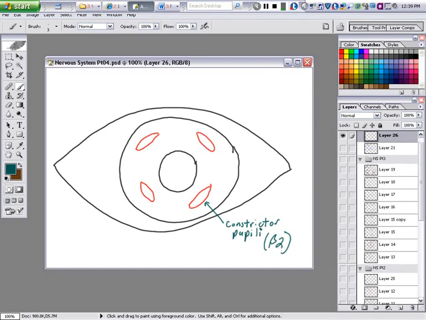Now for the twist for the eye. This is the twist. The eye also has another type of muscle. It has radial muscles. So it has smooth muscles that go this way. And these muscles are called dilator pupillae.